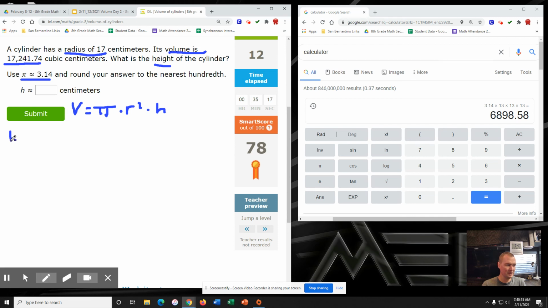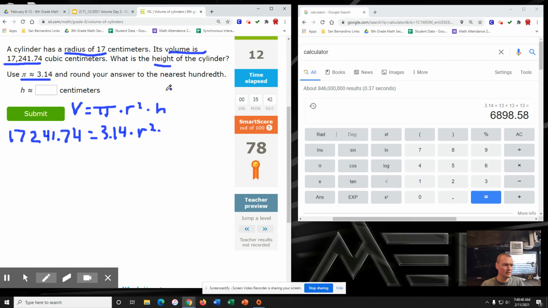So volume is 17,241.74. Definitely carry the decimal because there's a reason for it. Equals 3.14 times r squared. We're solving for that, so leave it as r squared. We don't know. Times h.